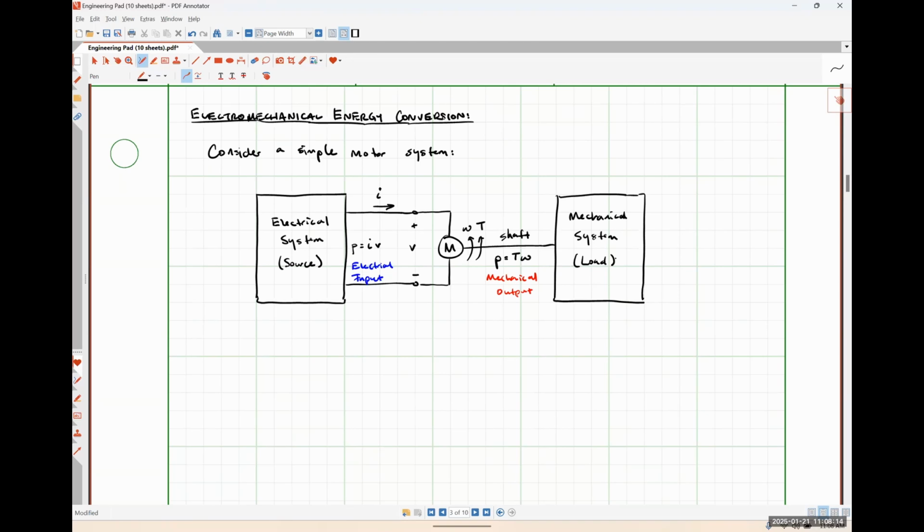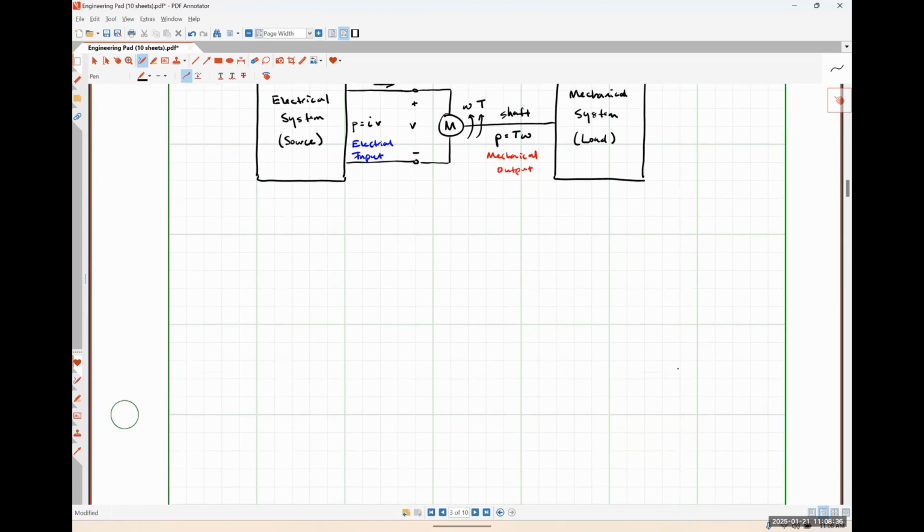In an ideal system, all of the input power and energy would be delivered to the output. But in a real system, this efficiency is never 100%. And so what I want us to do is look at the energy conversion process as a kind of general thing to understand what's going on.